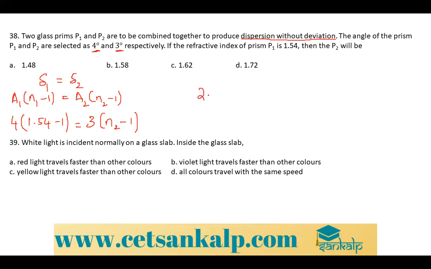So 2.16 is equal to 3 (n2 minus 1). 2.16 divided by 3 gives 0.72, which is equal to n2 minus 1. Shifting the 1 to the other side, n2 is equal to 1.72. So option D is the right answer.